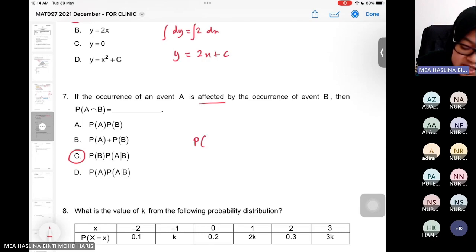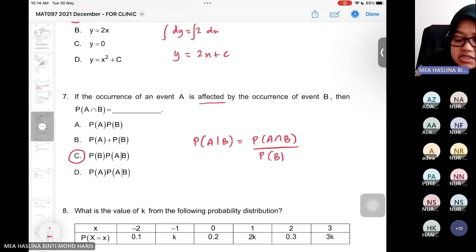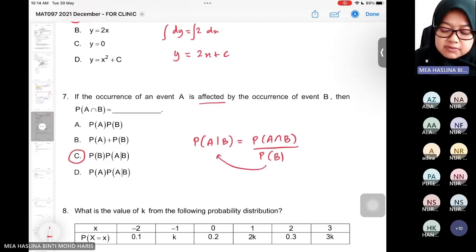We will be using the formula: probability of A given B is probability of A intersect B divided by probability of B. So we manipulate from this conditional probability formula, and we put probability of A intersect B equals probability of B times probability of A given B. So the answer is C.